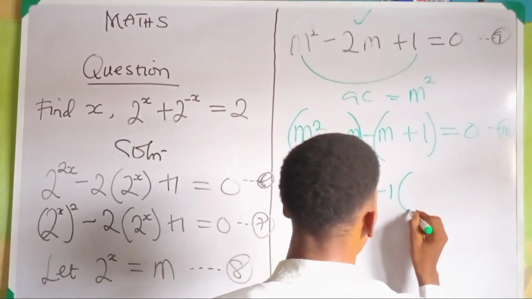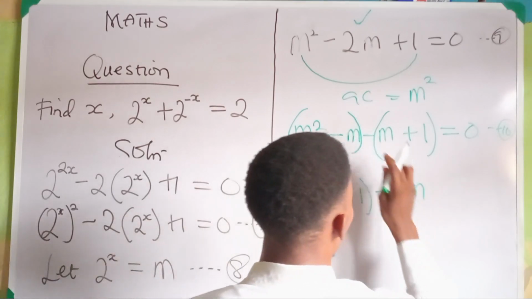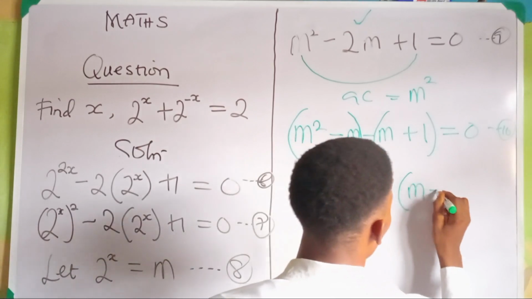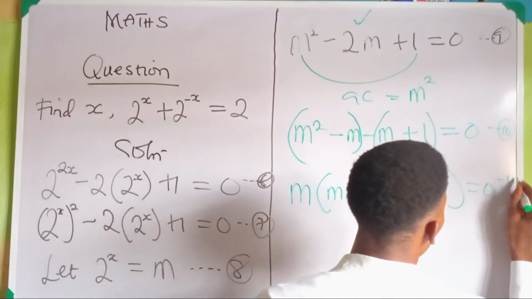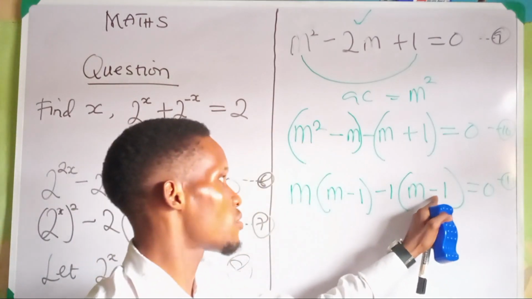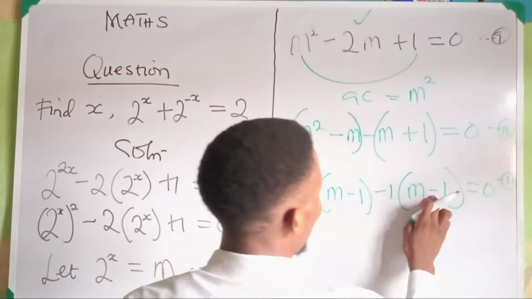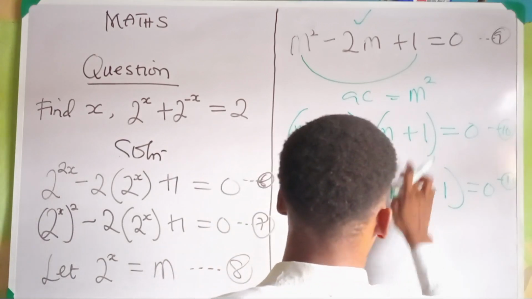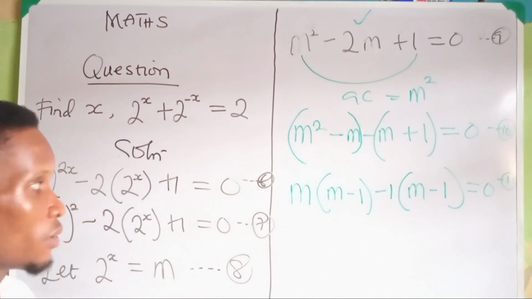So if we remove this here, we are going to have m. Then this going here is minus what? 1 equals what? 0. This is equation 11. So do not be confused about this minus 1. If you say minus 1 multiplied by minus 1, it gives you plus, and this one remains where it is. So that's why it is that way.